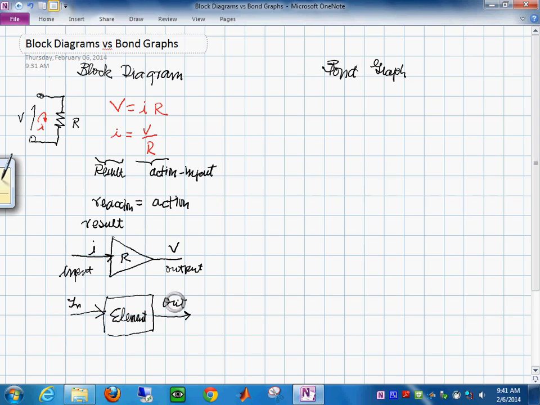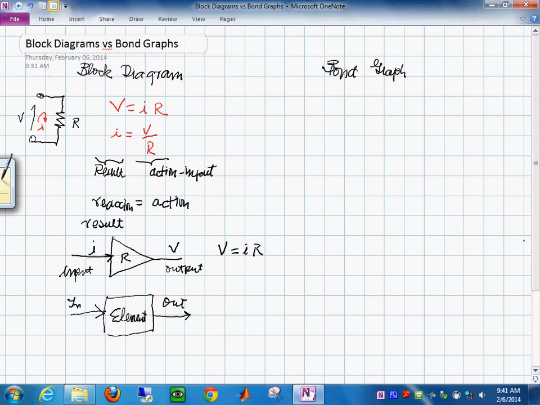All right? So these representations are equivalent. But keep in mind that the representation of this is actually equivalent to the representation of the equation that V is equal to I times R, right? Okay. But you see, I also had it this way.